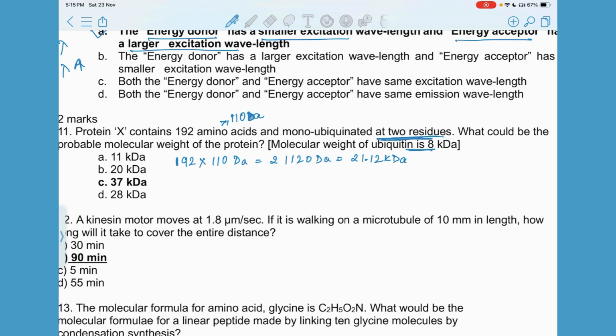So the ubiquitinated residues' weight will become 2 into 8 kilodaltons. That will come to 60. Let's add this. It will become 1273. So the option here is option number C.